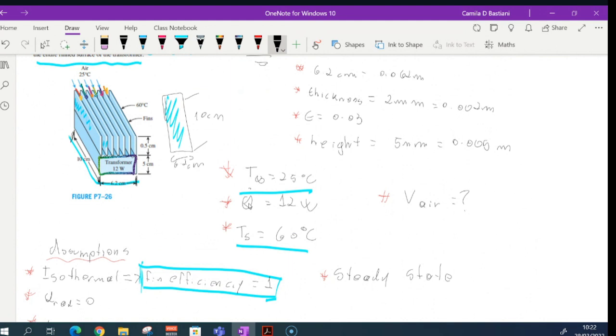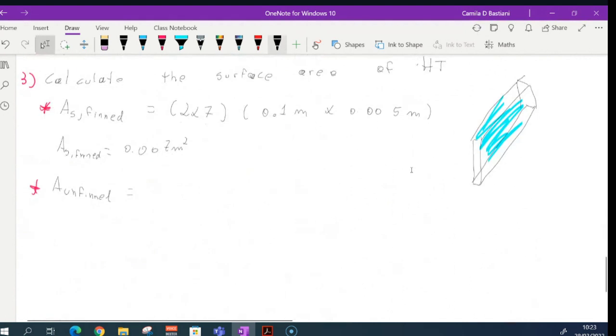All this area minus the area occupied by these fins here. So minus the 7 times the area of the top of the fin. I need to reduce this area, because all I want is the area available in between the fins. So it's the total area of my transformer minus the area from the top view, let's say.